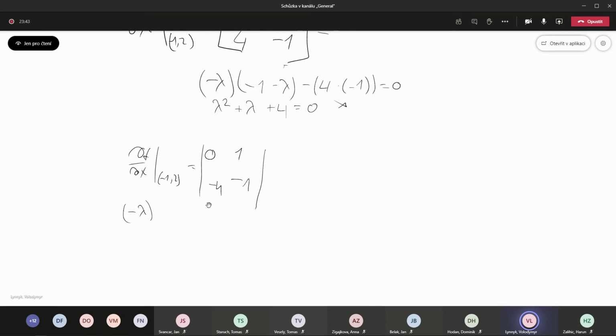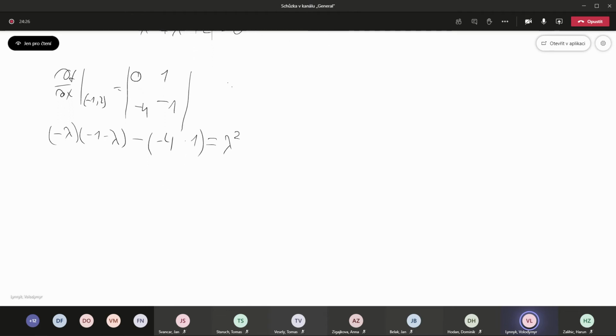Minus lambda, minus 1 minus lambda, and minus 4, 1, and it's equal to lambda squared plus lambda plus 4 equal to 0.